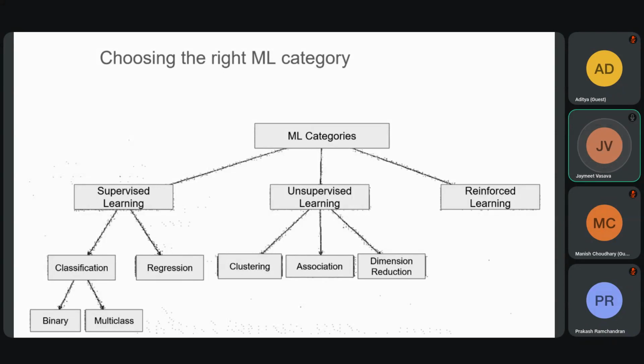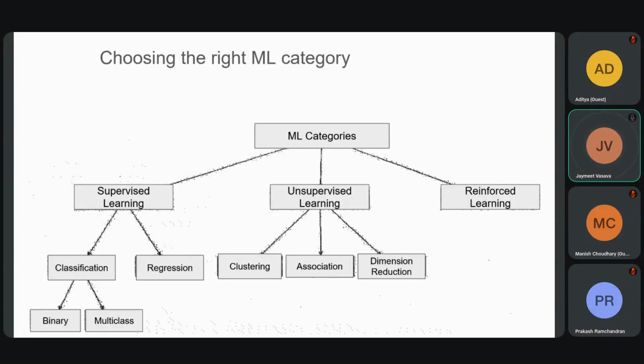unlike supervised learning. Clustering is when data points plotted in a 2D space, where similar data points are plotted in the same vicinity and grouped together, showing the similarity between them.